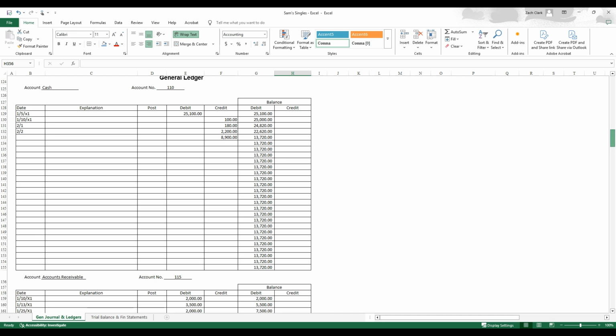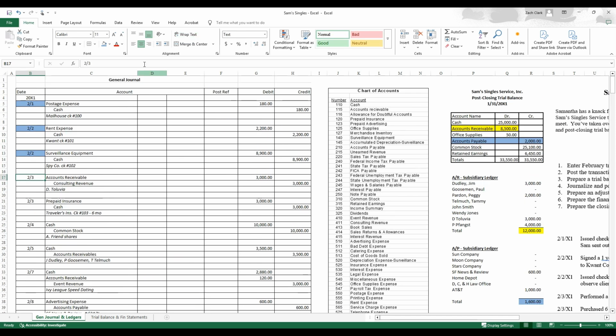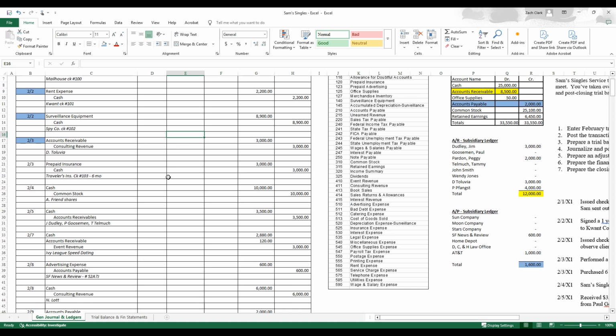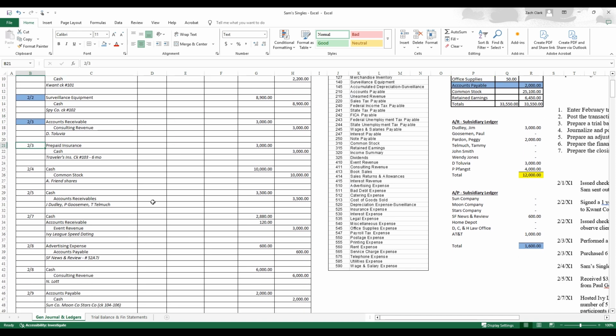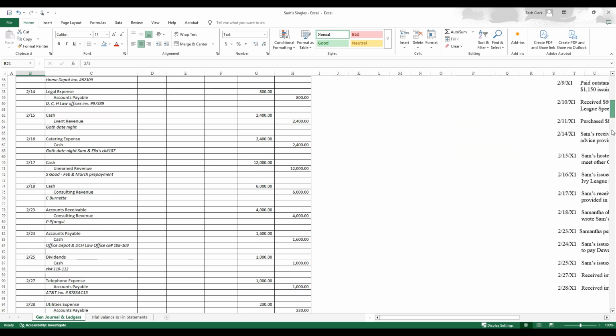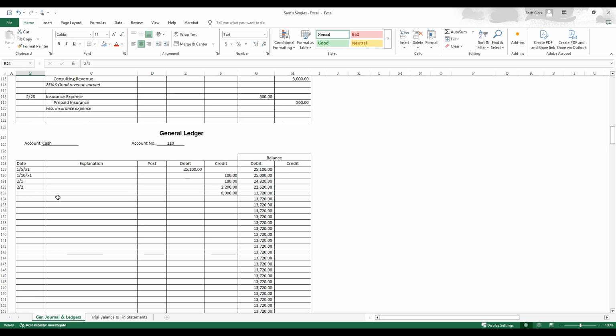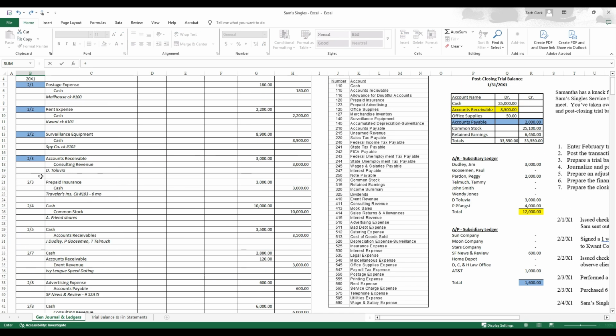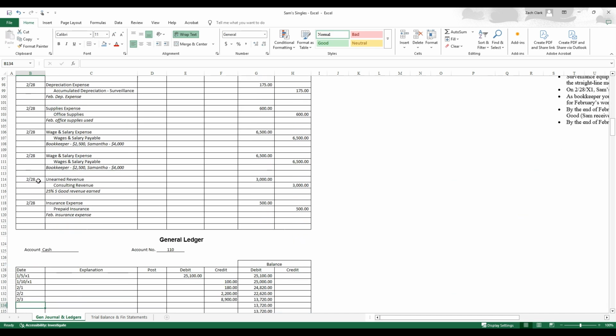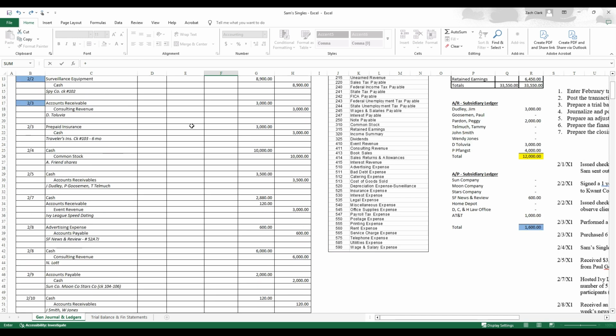Okay, so we got both sides of that entry. Let's keep going. Okay, prepaid and cash. So let's go to our cash account. On the 3rd, we're reducing cash for our payment.